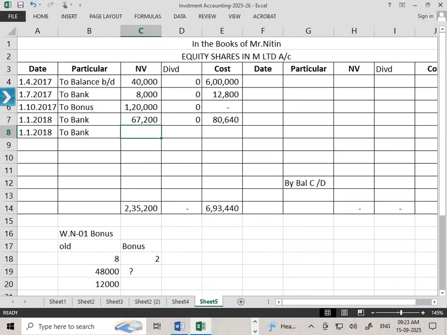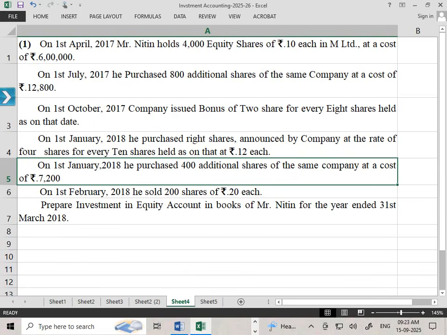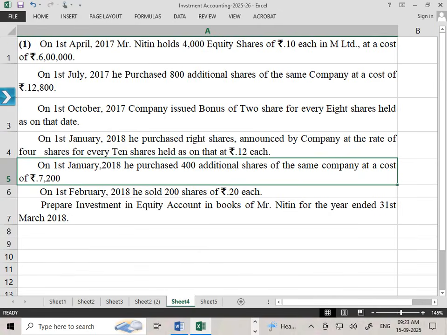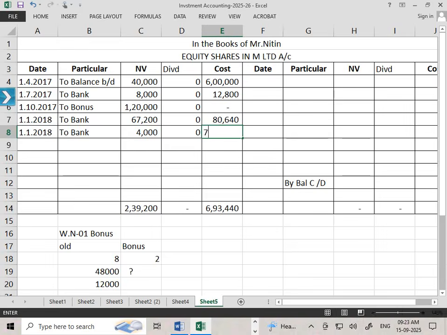How many shares did he purchase? Mr. Nitin purchased 400 shares. So here 400 multiplied by 10, 4,000. Dividend column 0. What is the cost? The cost is directly given. The cost is 7,200. Very simple.